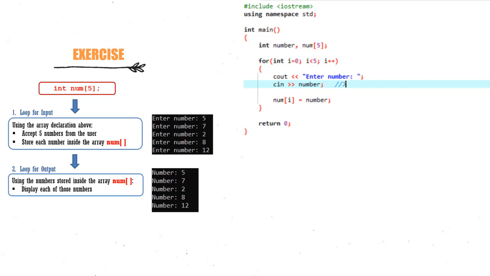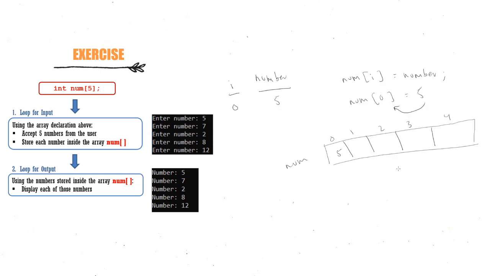So I'll show you again. Let's say we have the next one, i is now updated to 1, and the number also changes to 7. So right now 7 will be stored inside location 1, the index 1.